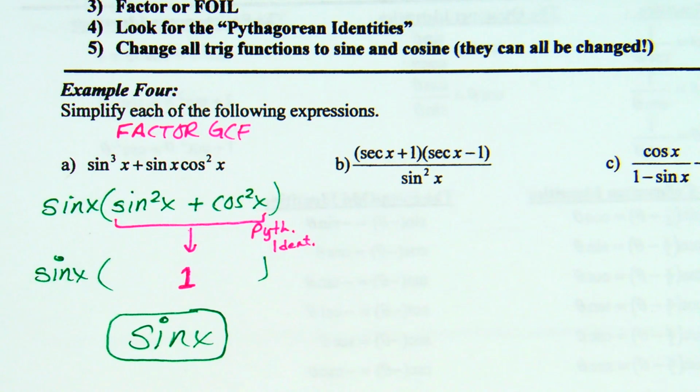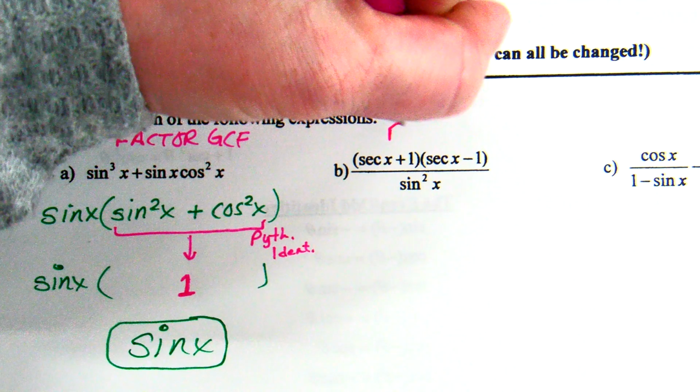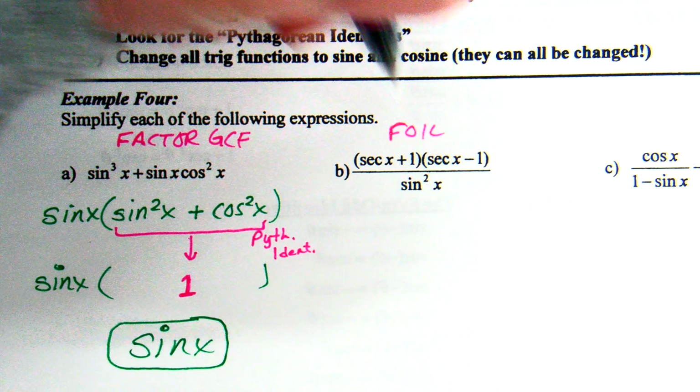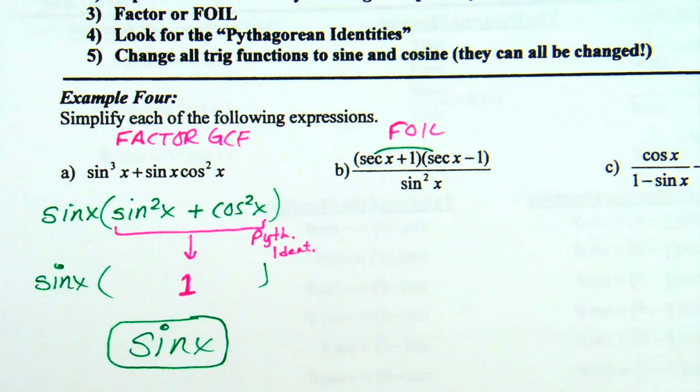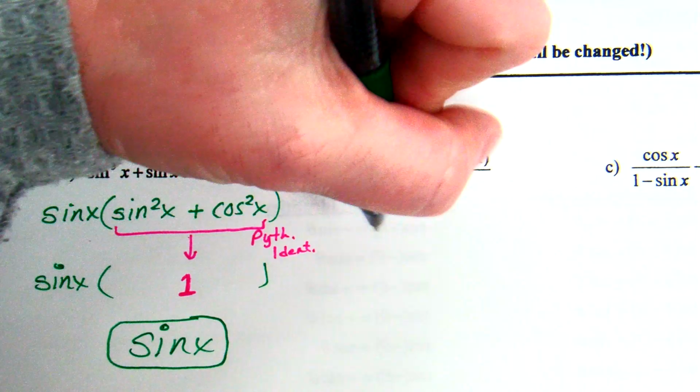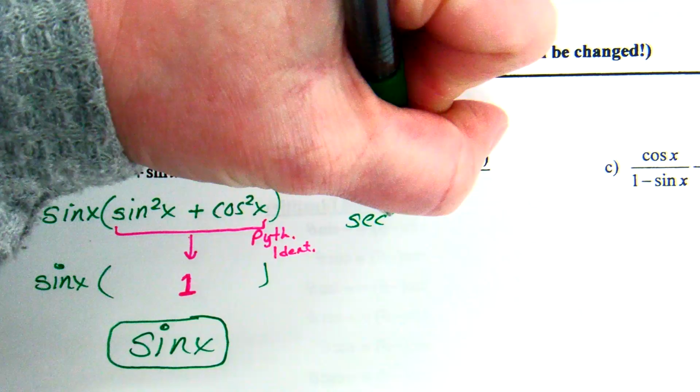When I see those two parentheses on top, my brain is saying FOIL. So that is our starting place. So, secant x times secant x, secant squared x.